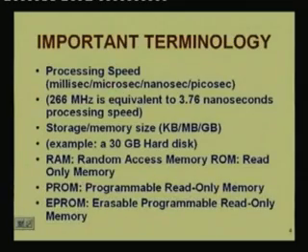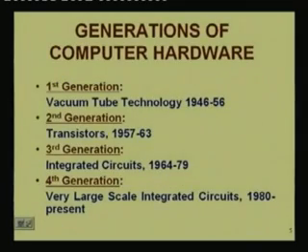Once we see all these important terminologies, let us see the various generations of computer hardware. So, let us talk about 4 generations of computer hardware. In the very first generation, we had the vacuum tube technology, which is very old, 1946 to 1956, and at that time the entire computer used to cover an entire room altogether.